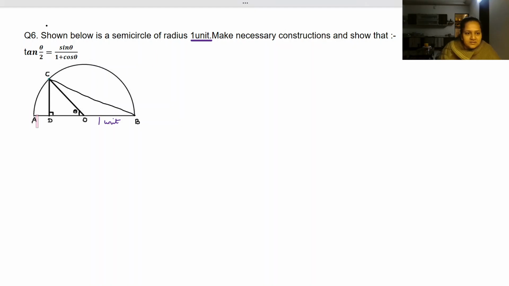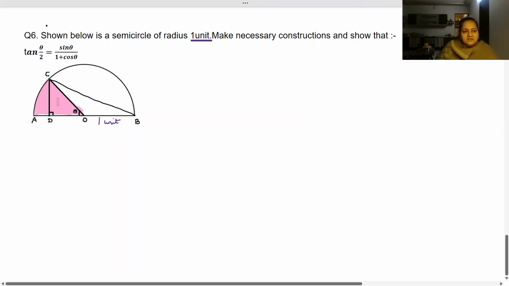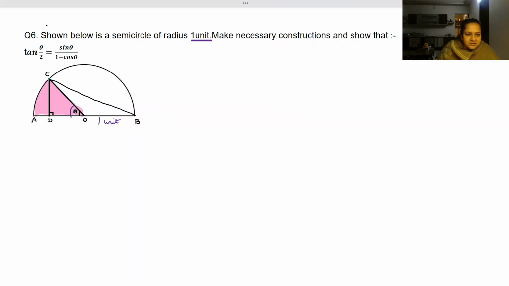We know that the arc AC is subtending this angle at the center. Which angle is this? Quickly tell me. This is angle COA, which is theta.